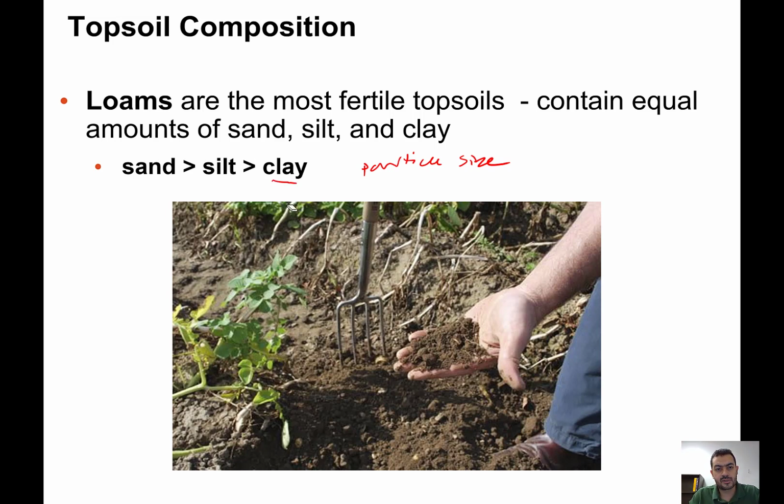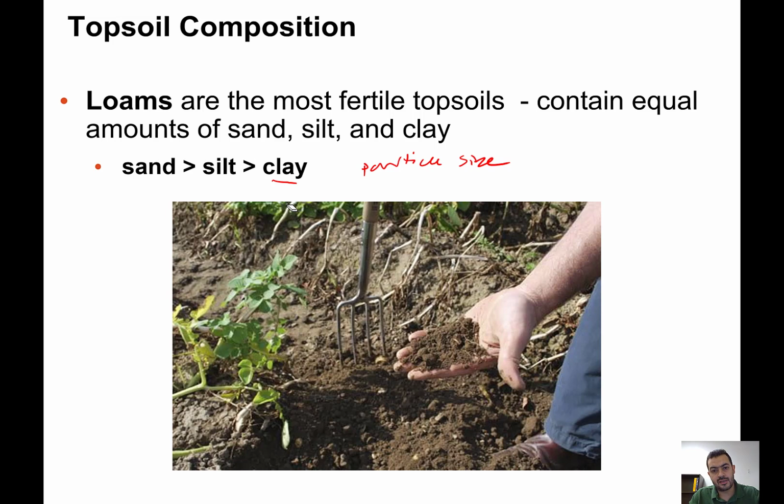Clay is the smallest of them in terms of particle size, so water will not be able to infiltrate so much, so water loss will not be a problem. This is an advantage. However, because of it being too compact, we may end up with the problem of waterlogging. This is one of the pitfalls of having a soil that is mainly composed of clay.